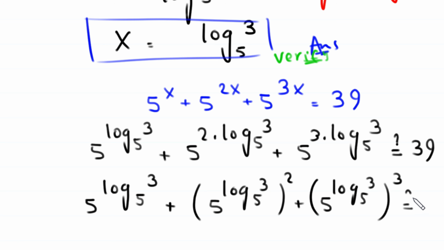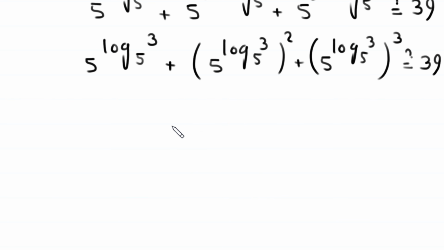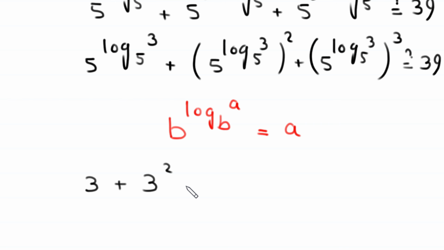Is this equal to 39? By using this log property, b to the power log base b of a equal to a, this 5 to the power log base 5 of 3 will become 3, plus this 5 to the power log base 5 of 3 whole squared will become 3 squared, plus this 5 to the power log base 5 of 3 whole cubed will become 3 cubed.